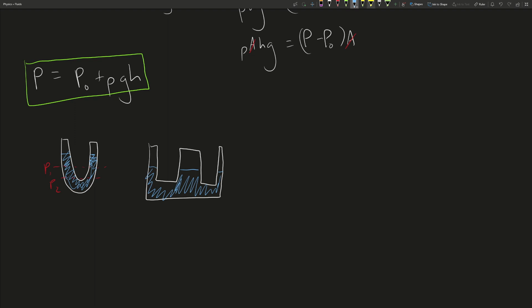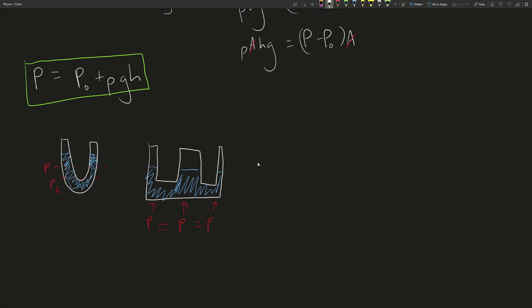So if you consider the pressure at the bottom here, this is going to be equal to the pressure here and the pressure here because they're all at the bottom, and the height underneath the surface is the same. So it doesn't matter how wide or how big of an area the container is, as long as the height underneath the surface is the same and the density and gravitational field remain uniform, then the pressure is the same.